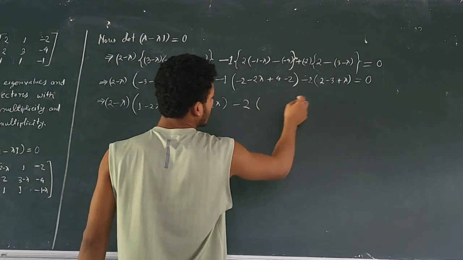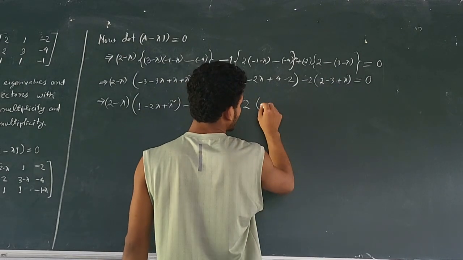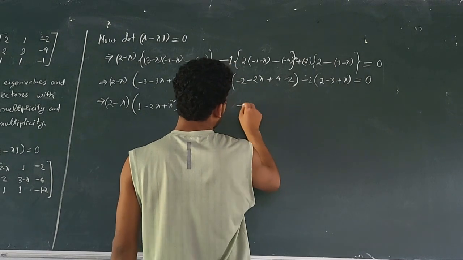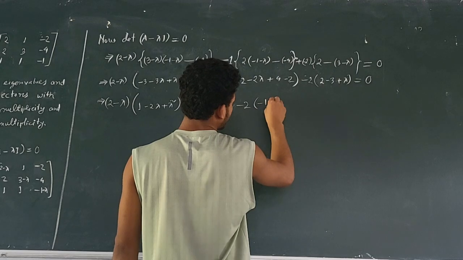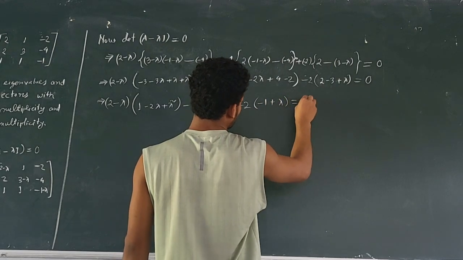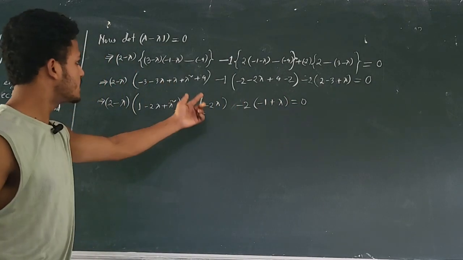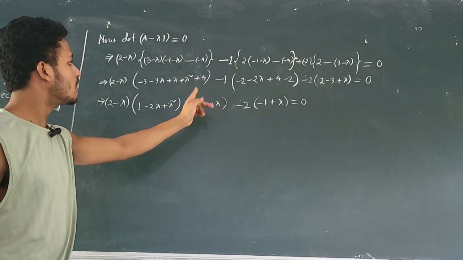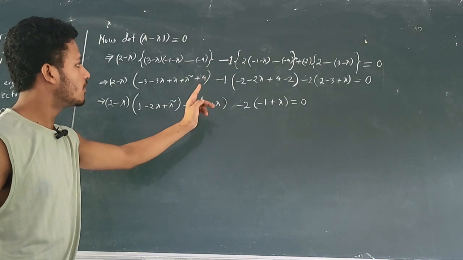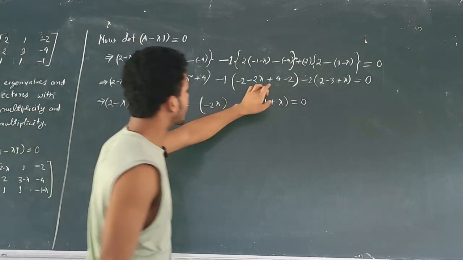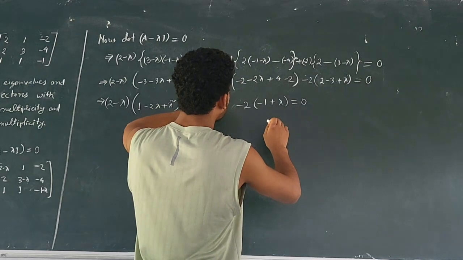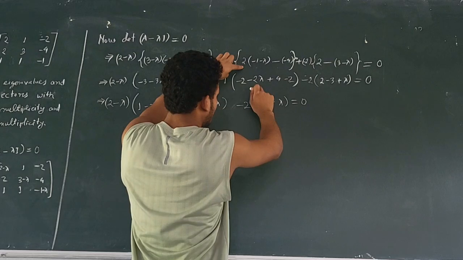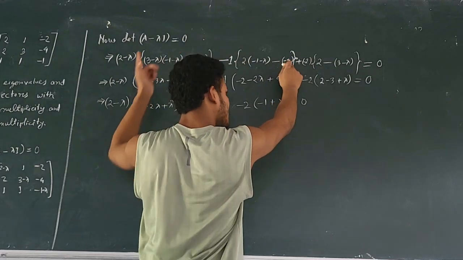into minus 1. Okay, minus 2 into minus 1 plus lambda equal to 0. Is it minus 2 minus twice lambda and then plus 4? Okay, why is it minus 2, and this is minus twice lambda, and this is minus minus plus 4.